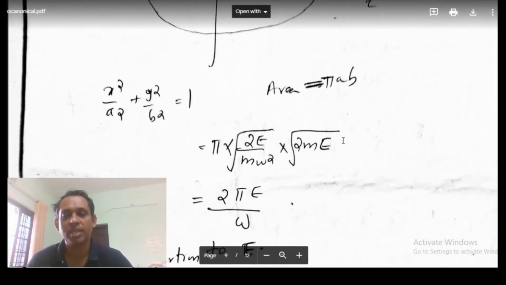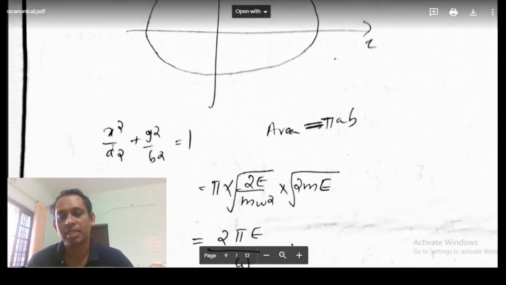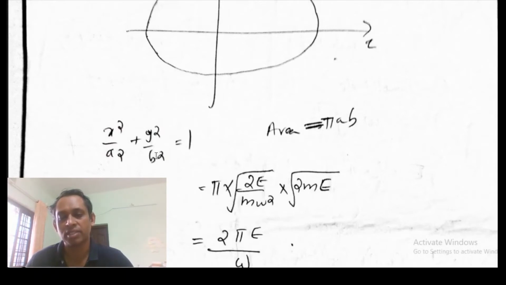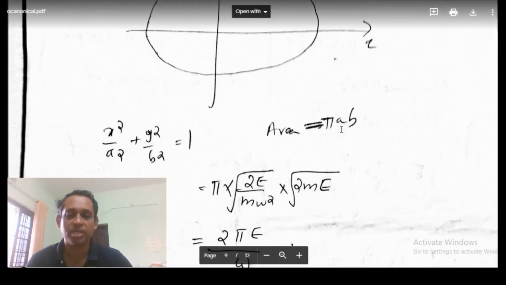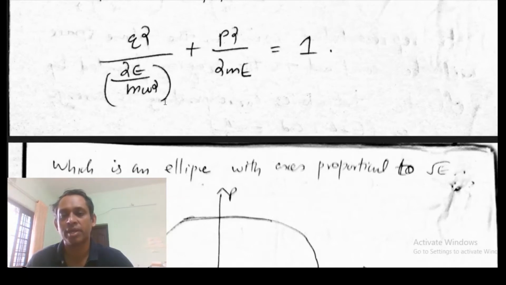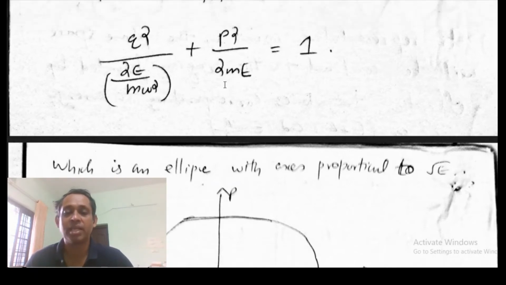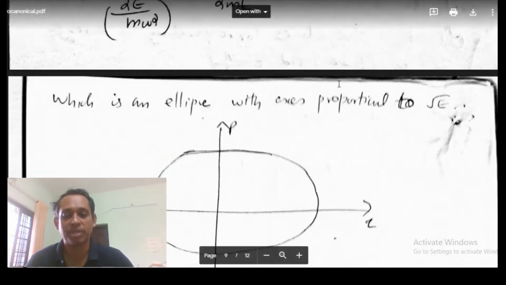Now the area of an ellipse whose semi-major axis is A and semi-minor axis is B is given by pi AB. So here the semi-major axis is root 2E by m omega square, and the semi-minor axis is root 2mE.